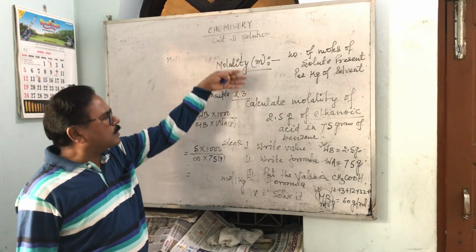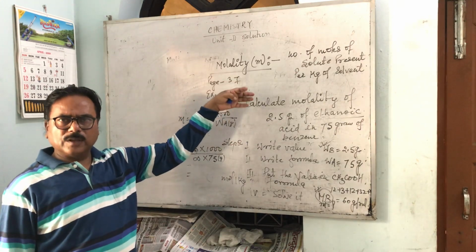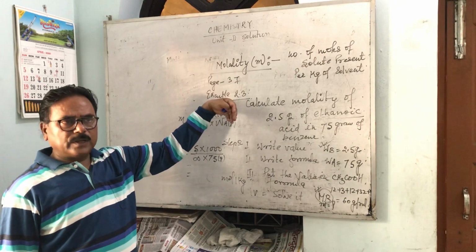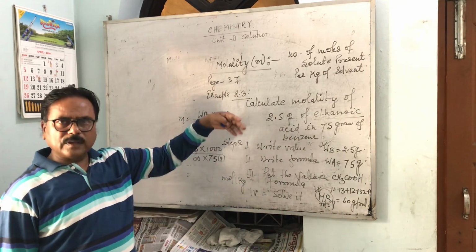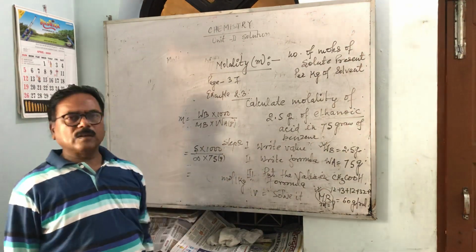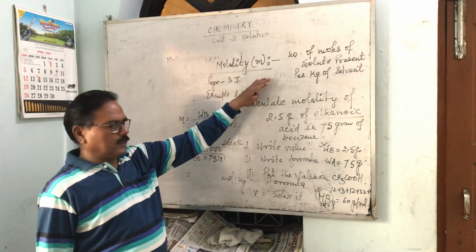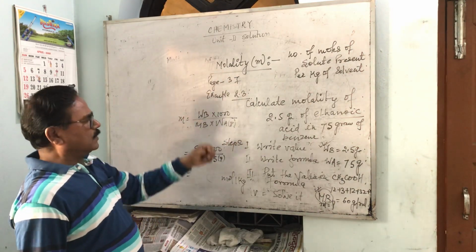That depends upon the medium, that is, the solvent. If the solvent is liquid, then it is a liquid solution. If the solvent is gas, then it is a gaseous solution. If the solvent is solid, then it is a solid solution. Examples are given in the book, and this is your topic of home study.